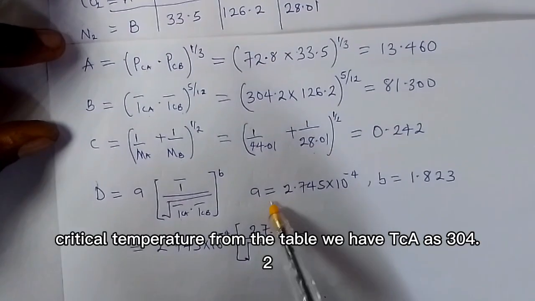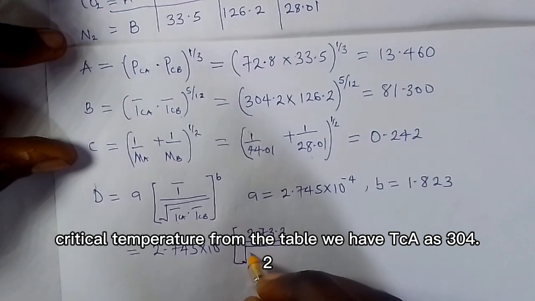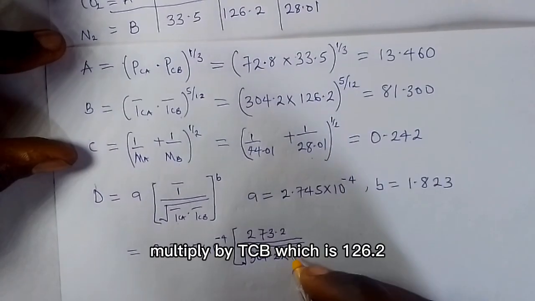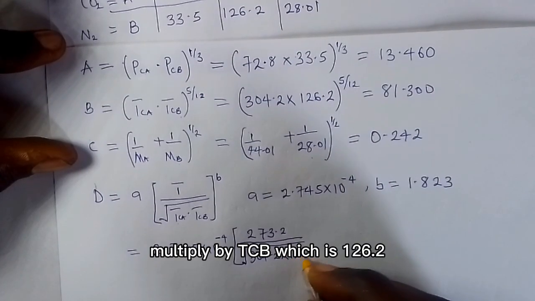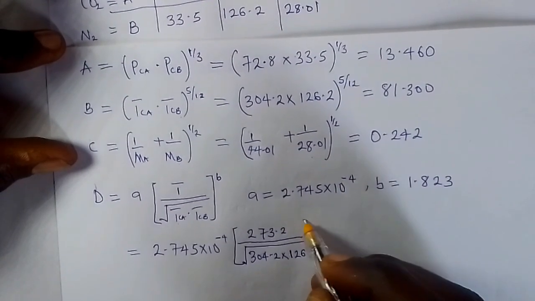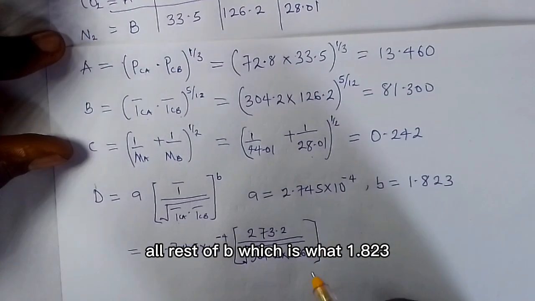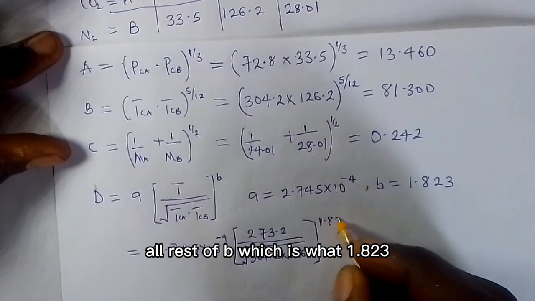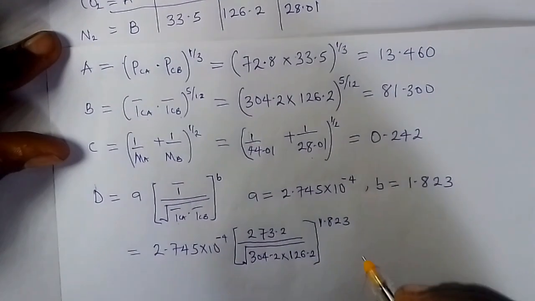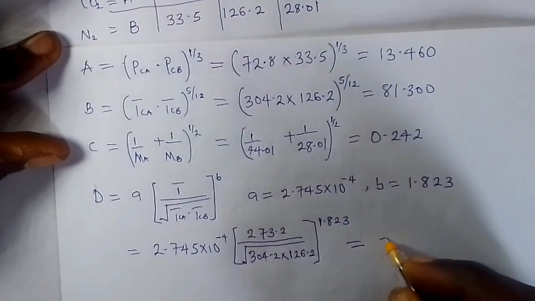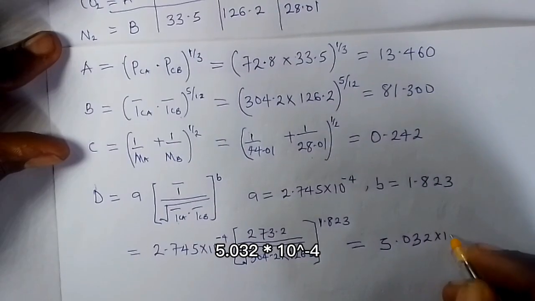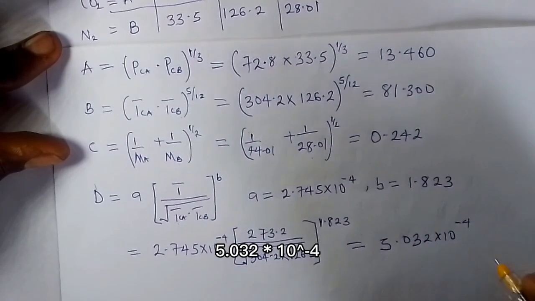From the table, we have TCA as 304.2 multiplied by TCB, which is 126.2, all raised to the power of B, which is 1.823. We have it as 5.032 times 10 raised to the power of minus 4.